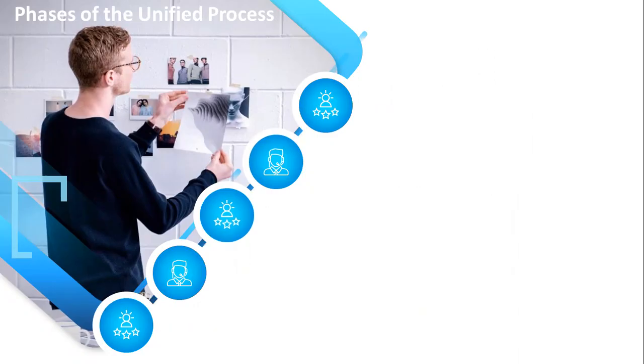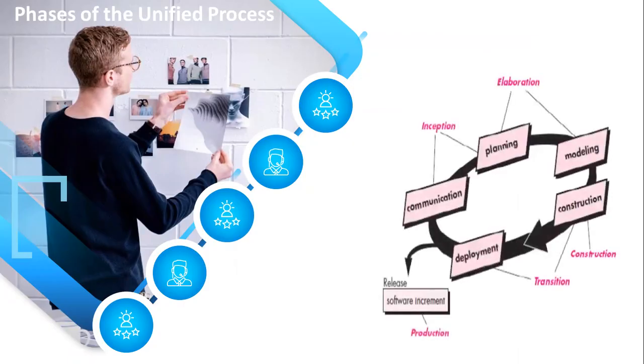Here the unified process is a unification of the various early object-oriented analysis and design models which were proposed in the 1980s and 1990s. It is an attempt to combine the best features of these various models, which initially resulted in the unified modeling language, UML.